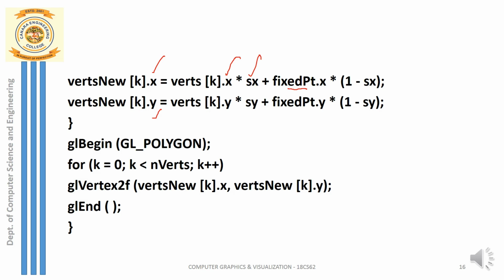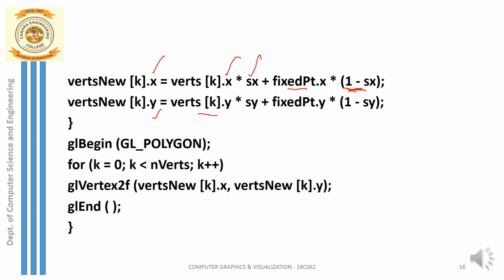The x coordinate of that fixed point you can multiply with the scaling factor, that is 1 minus Sx. So that is the remaining part; you have two components, Sx and 1 minus Sx. That you multiply with the fixed point, the x coordinate of the fixed point.